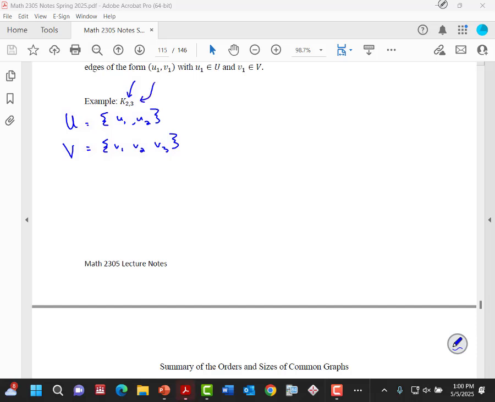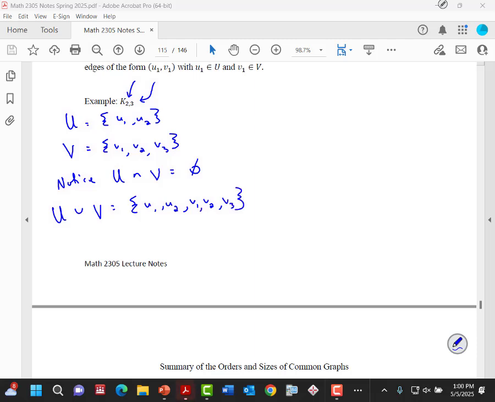There are 3 vertices in this set. Okay? Now, notice that U intersect V is the empty set. And U union V is the set U1, U2, V1, V2, V3.